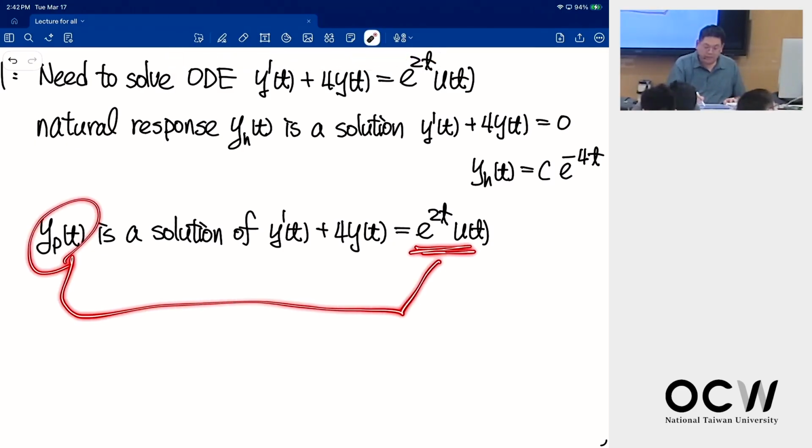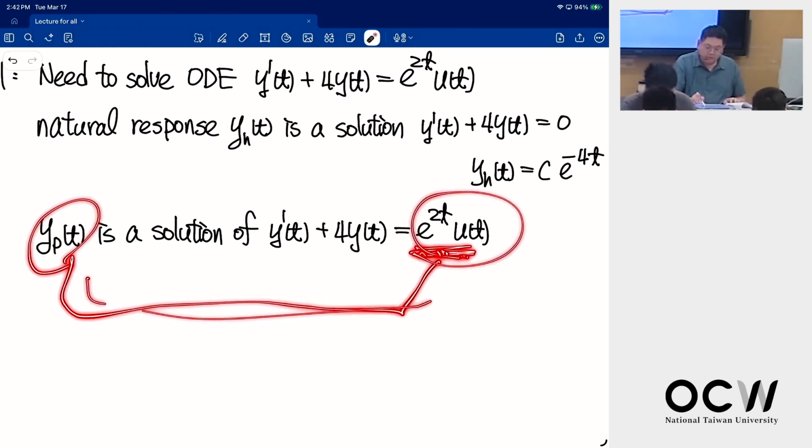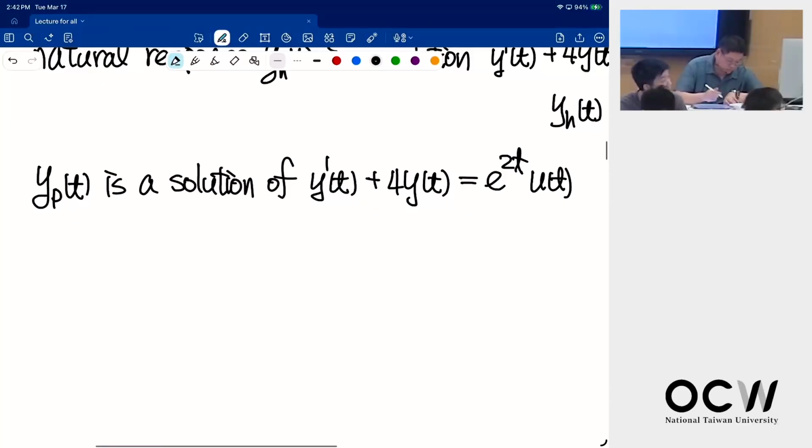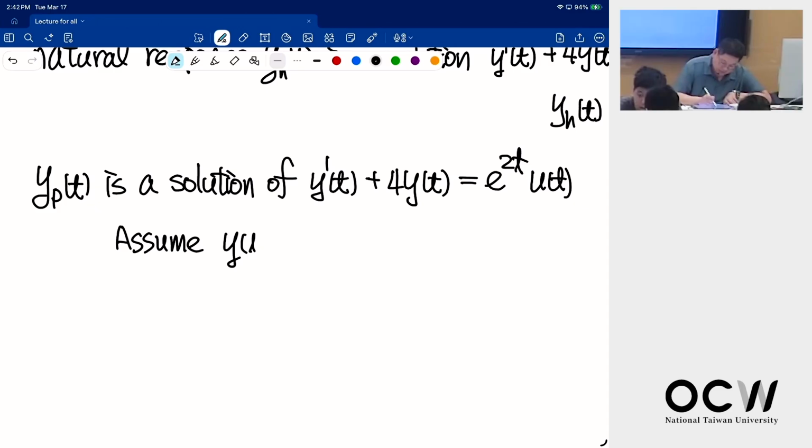Depending on the right side, it should be something with an exponential, and also the unit step function. So we assume y(t) equals a constant times e to the 2t times the unit step function.